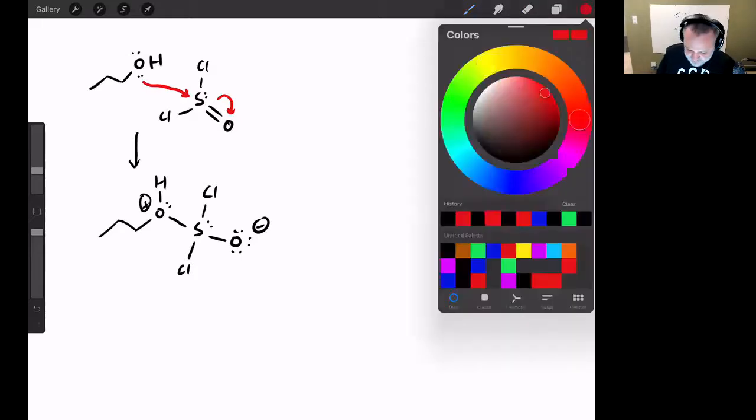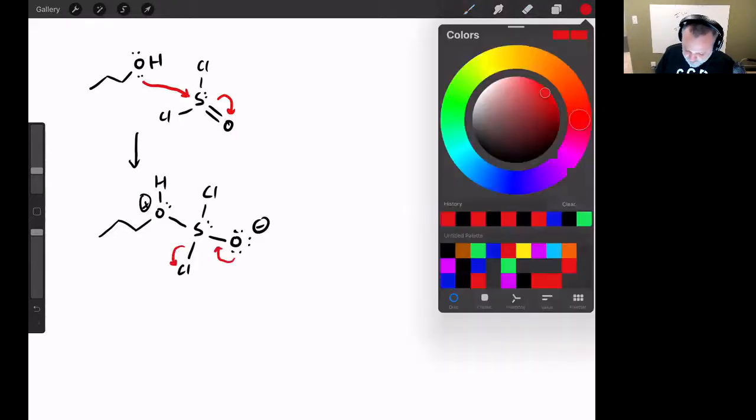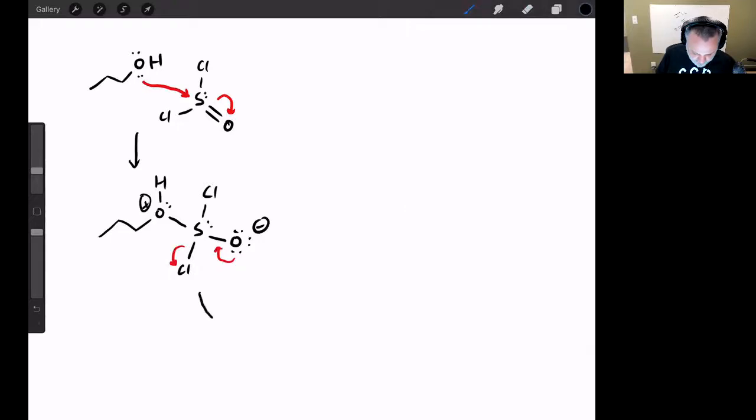Now the double bond is going to reform, and at the same time it's kicking off a chloride. We're going to use that chloride later because what we've created is a good leaving group.